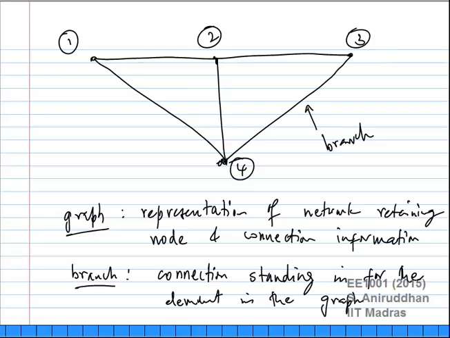So we are going to try to use the information from the graph to decide how to get information about the KCL and KVL equations, because what the graph holds is the connection information, right? So it holds the node information.